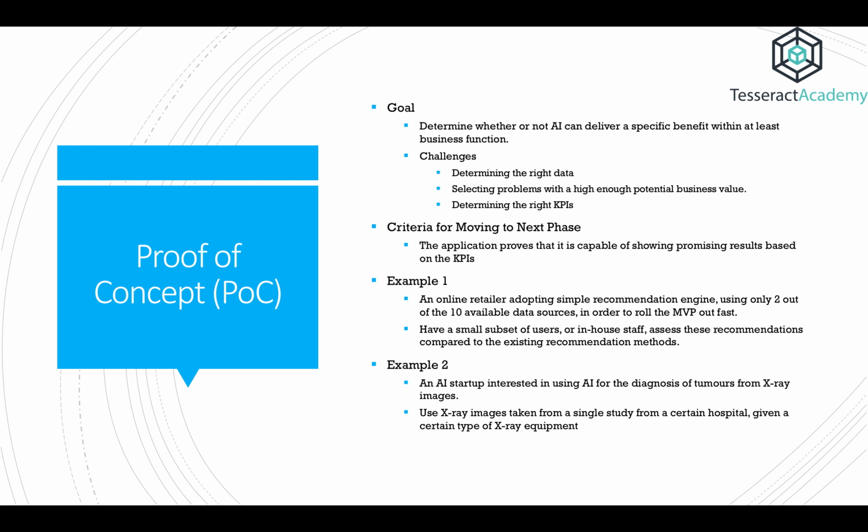The KPI in this case can be human judgment, or someone who knows this area really well telling us whether they would actually buy these recommendations, whether the users would like these recommendations. Again, the goal of a proof of concept is to just make sure that you can actually make something work. So it's really the first step.